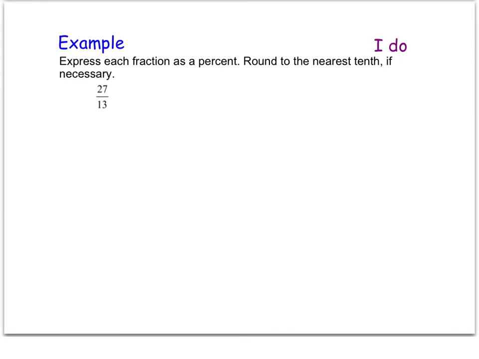Alright, now we've got 27 over 13. Remember, if my numerator is greater than my denominator, what is my percent going to be? Over 100%, right? So if you get a number that's over 100%, then you know you're in the clear. So we're going to divide 27 by 13, and I'm not going to do it because I've already done it once, but when you do that, you get 2.0769.